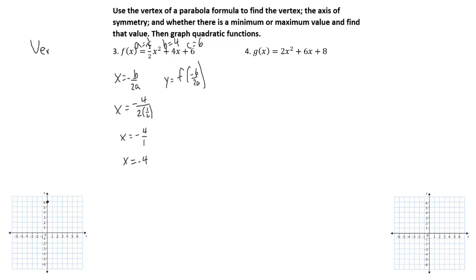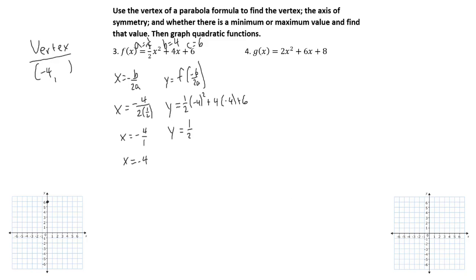So then our vertex is at negative 4, something. To find that y value, we plug in negative 4. And so we get 1/2 of negative 4 squared plus 4 times negative 4 plus 6.